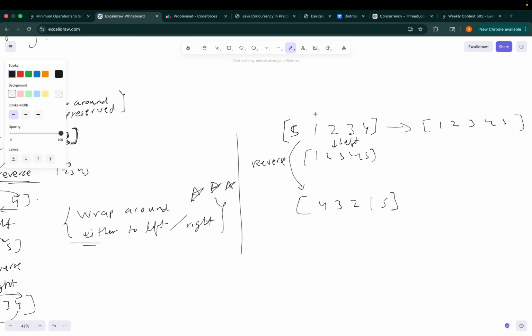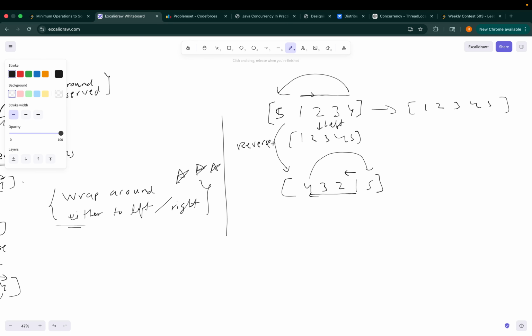Initially the wraparound characteristic was towards the right. By reversing you made it towards the left, because now you're going 1 2 3 4, and then you're wrapping around to 5. Earlier you used to do 1 2 3 4 and wrap around to the 5, but it happened from the right. So we reverse the array, and now we do all left rotations to get 1 in place.